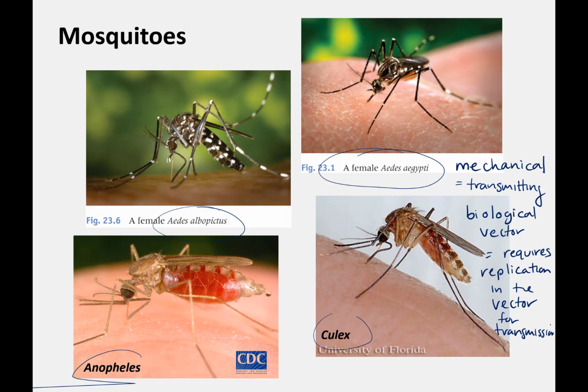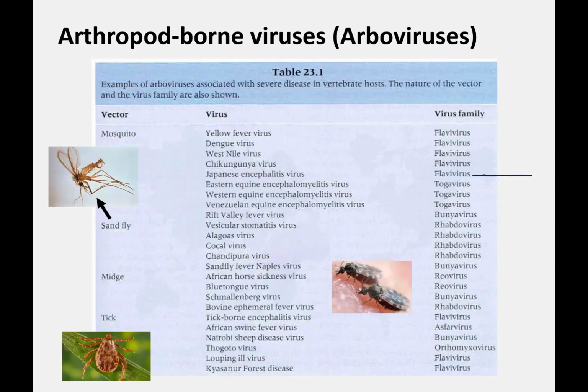So if your virus is transmitted through insects, especially mosquitoes, take a look at whether that mosquito is a mechanical or a biological vector. We call these type of viruses arboviruses, which stand for arthropod-borne viruses. And here are just some examples.